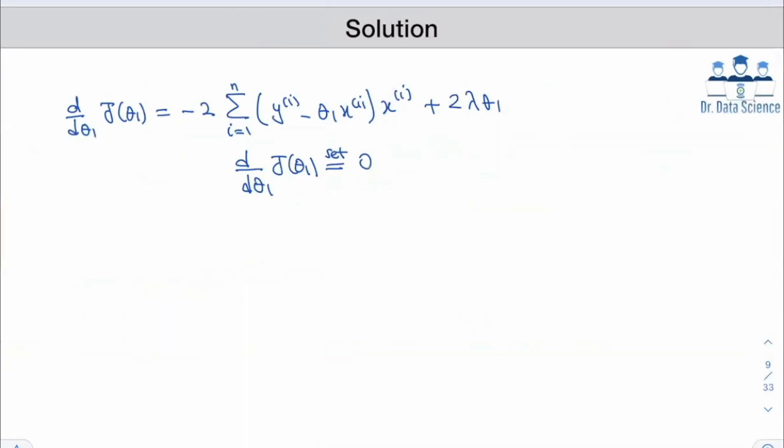We get that the derivative is -2 times the summation from 1 to n of (yi minus theta 1 xi) times xi, which is the one that we found using the chain rule, plus 2 lambda theta 1. And now we have to set this derivative to 0 to find the minimum value of this function.